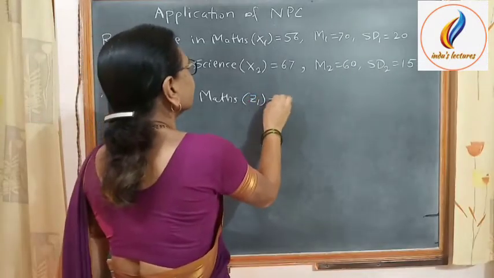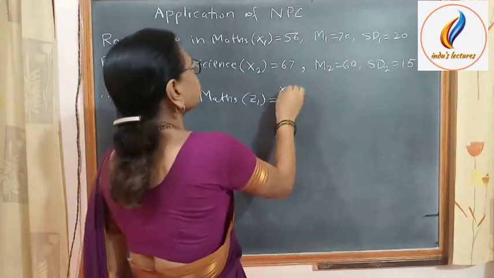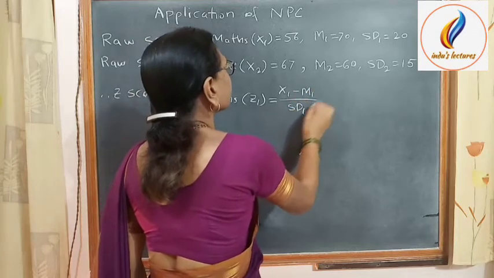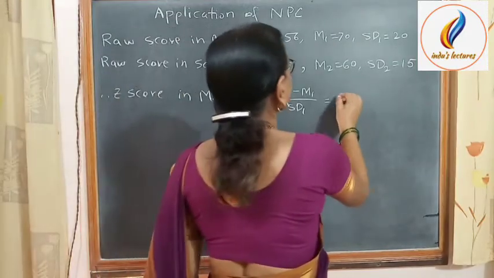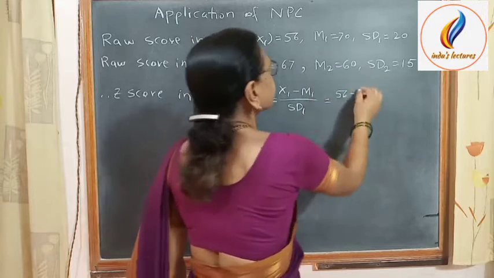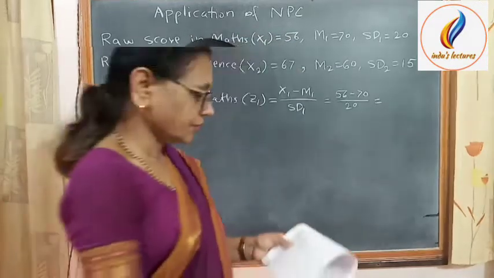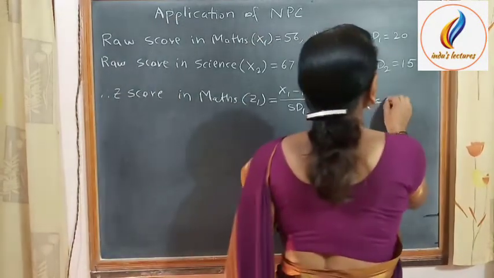So Z1 can be calculated by the formula x1 minus M1 upon SD1. Now putting the values in this formula, we get x1 is equal to 56 and mean is 70 upon 20, which is equal to minus 0.7 sigma.